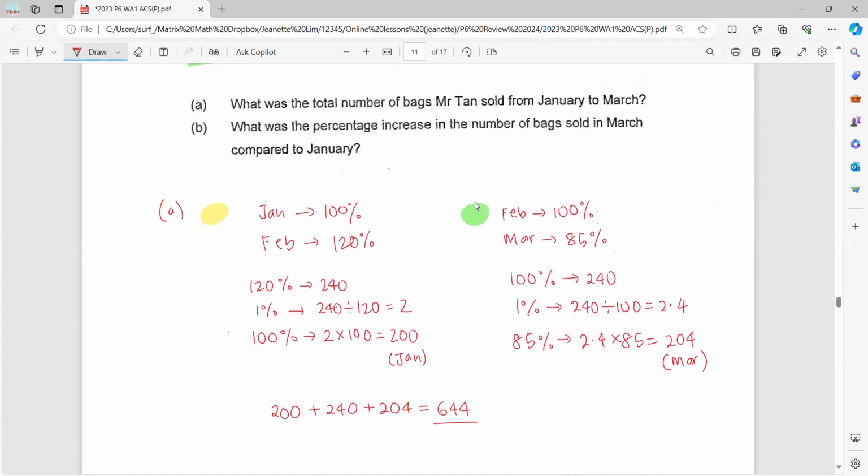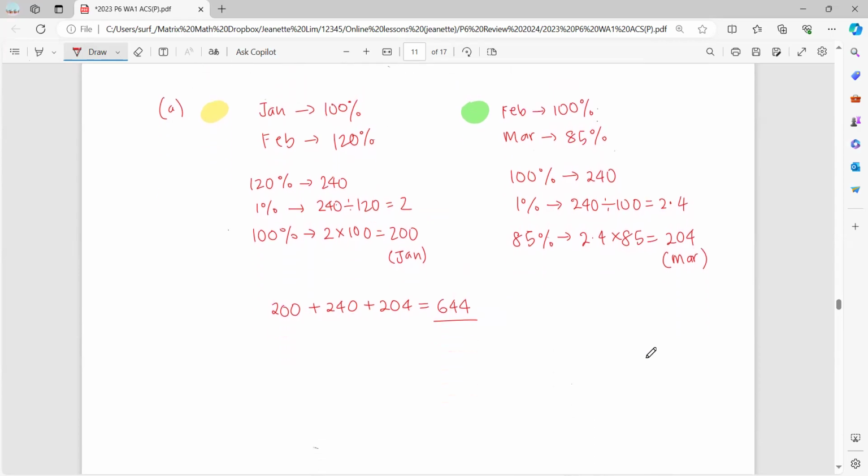For part A. Now for part B, what's the percentage increase in the number of bags sold in March compared to January? So January is 200, March is 204. What is the increase? The increase will just be 204 minus 200, which is 4.